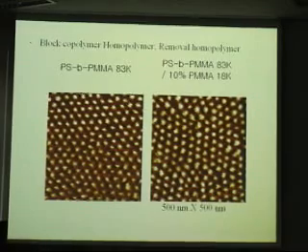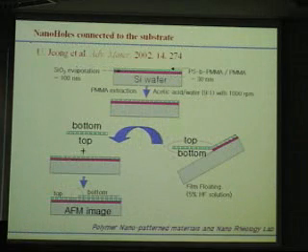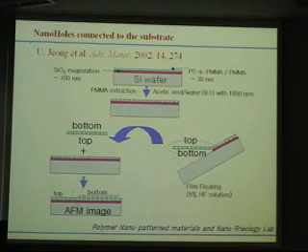Inside here there should be a homopolymer. In that case, we use an acetic acid water solvent, and the PMMA homopolymer can be extracted. But it is not easy to find the holes touching the silicon wafer.